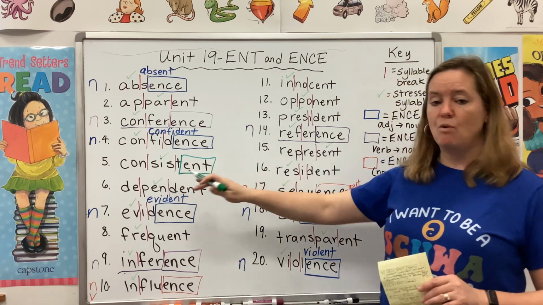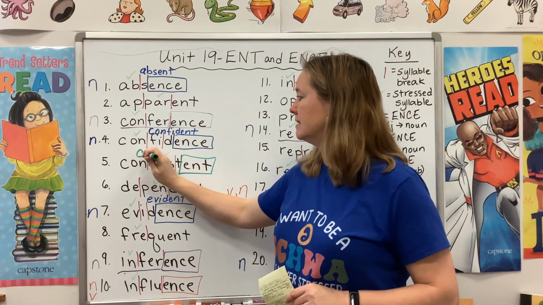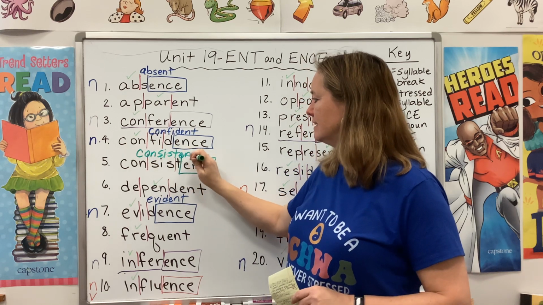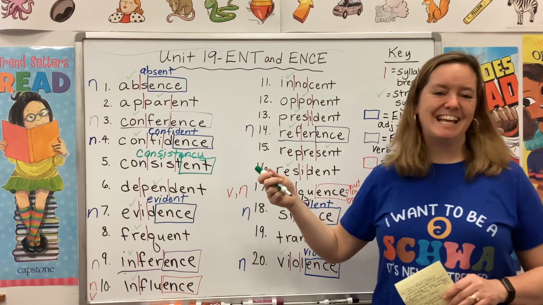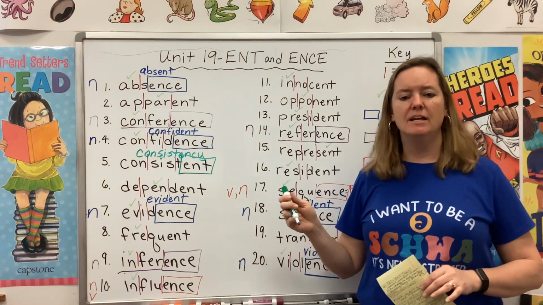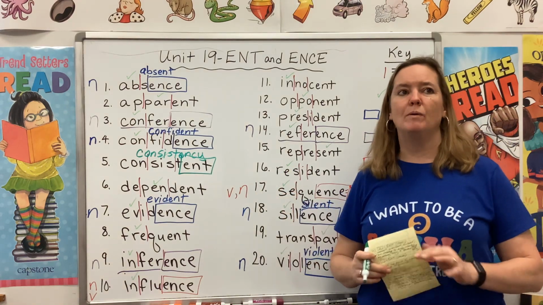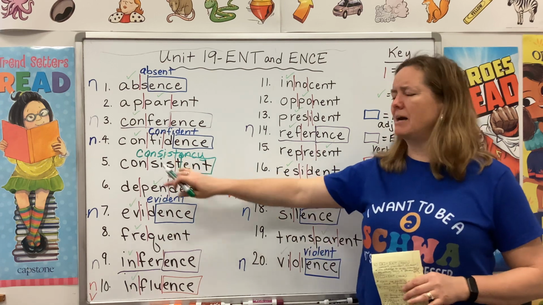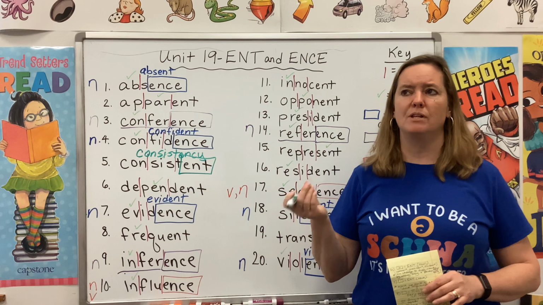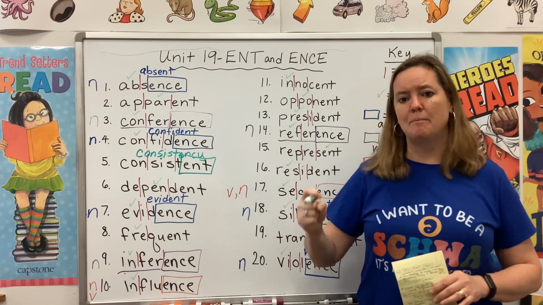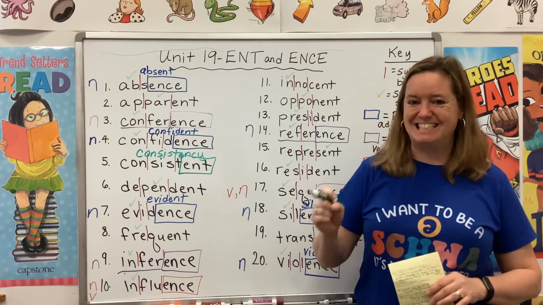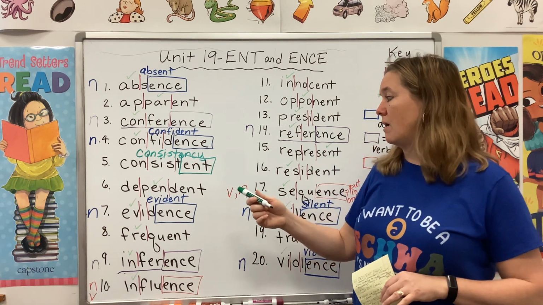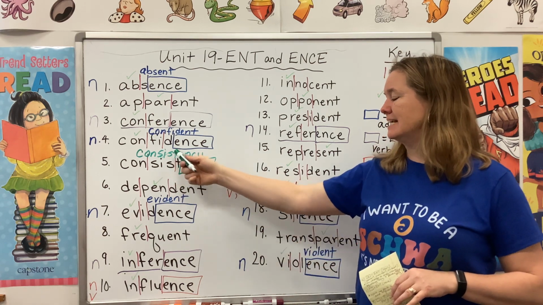The noun form of this is consistency. Kind of like ENCE, but there's a Y at the end, right? So she is late with consistency, right? Over and over again. Consistency, by the way, can also refer to like if you're mixing something, you want to get the right consistency, not too thick, not too wet or watery. Okay, so consistent and consistency.